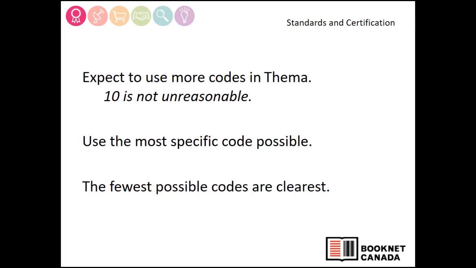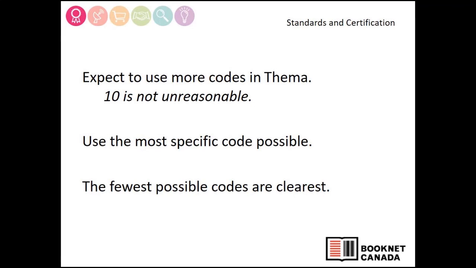The recommendation will always be to use the fewest possible codes, because that's simpler and clearer. The most specific code is always best because codes are hierarchical. The subject may not be a hierarchy of subjects, but the code itself includes values above it. So everything on the fiction list is of necessity a fiction book.